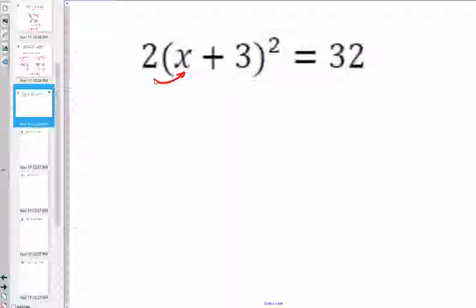Number one, even if you wanted to, you could not distribute that, because PEMDAS says that exponent comes before multiplication. And if I can't do the exponent, I can't do the multiplication. But all I'm trying to do is isolate. So I can get rid of the multiplication by dividing. Remember, when you're canceling, you go reverse PEMDAS. So I can get rid of that 2 first.